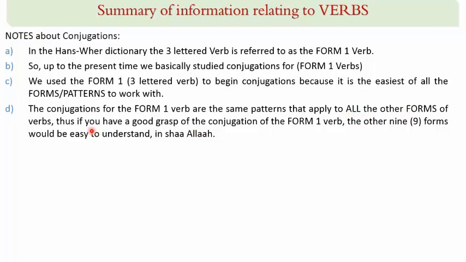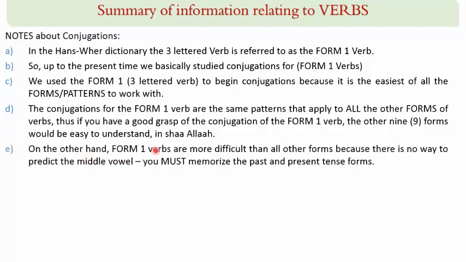So all the prefixes and suffixes that are added to these verbs in the different aspects of their conjugation are the same for all the verbs that you're going to learn. Thus, if you have a good grasp of the conjugation of the form 1 verb, that is a three-lettered verb, the other 9 forms would be easy to understand, inshallah.